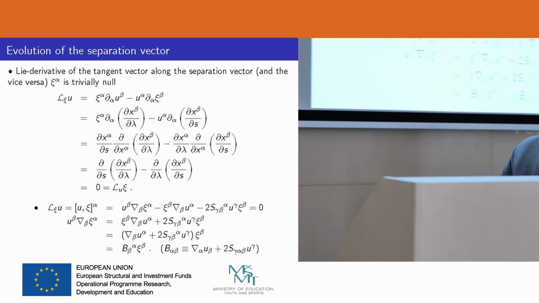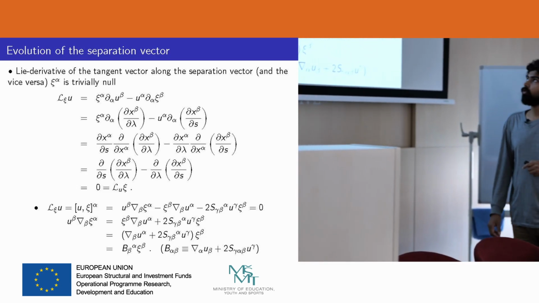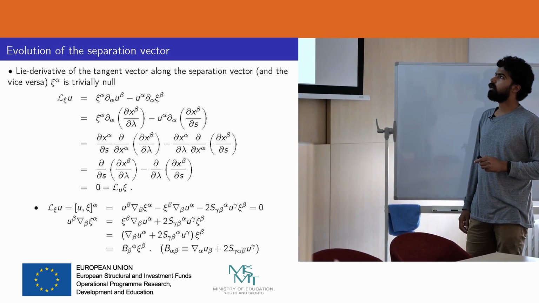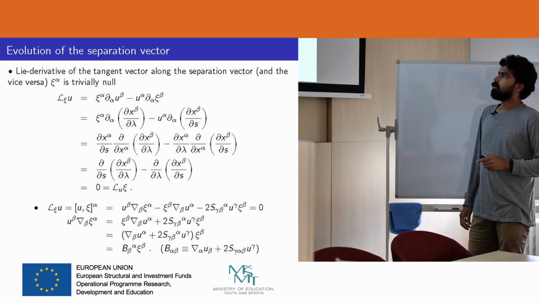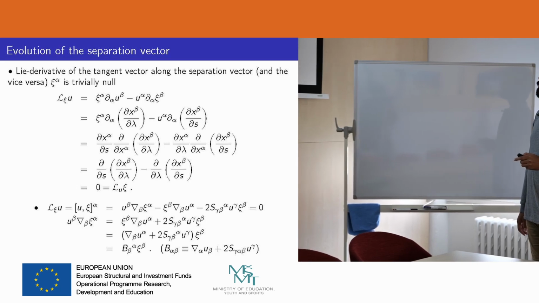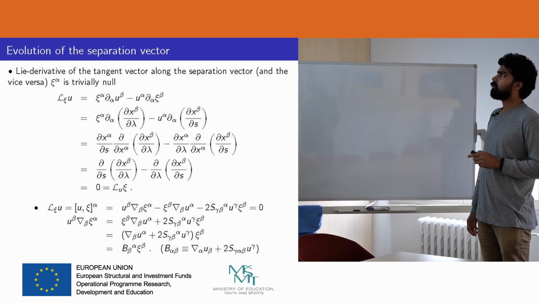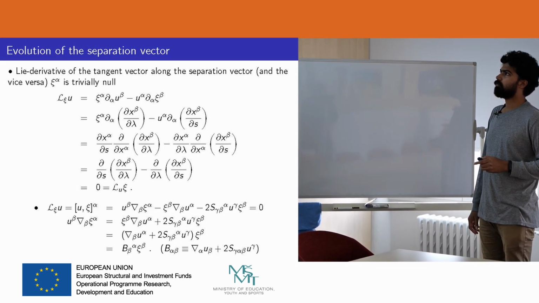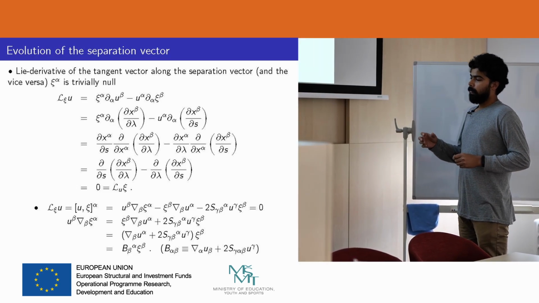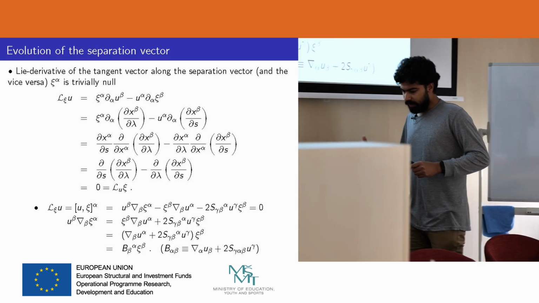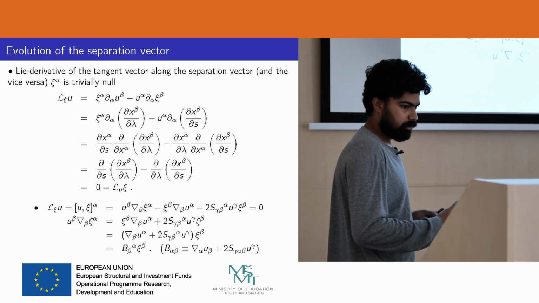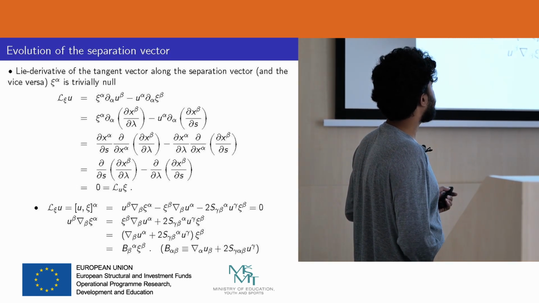So here we know that these are the definitions of the Lie derivative. So what are we calculating here? We are calculating the Lie derivative of the tangent vector along the separation vector. So we are calculating how the tangent vector is changing along the separation vector, and maybe vice versa.